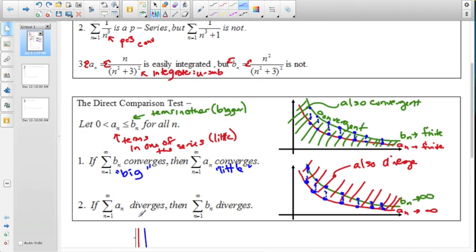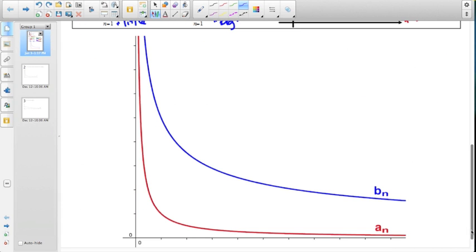And if the little one diverges, then the big one also diverges. And I think I just explained this up here with those sketches.